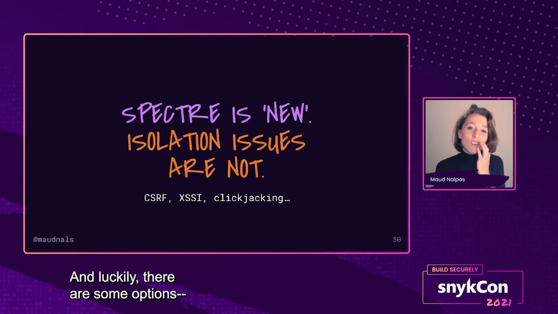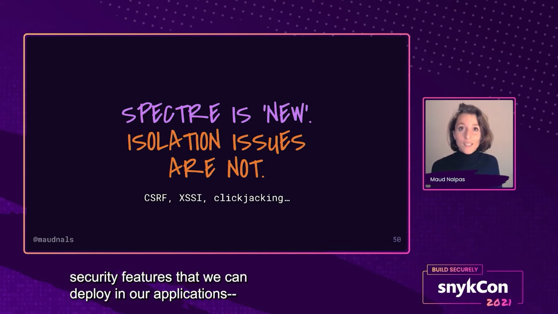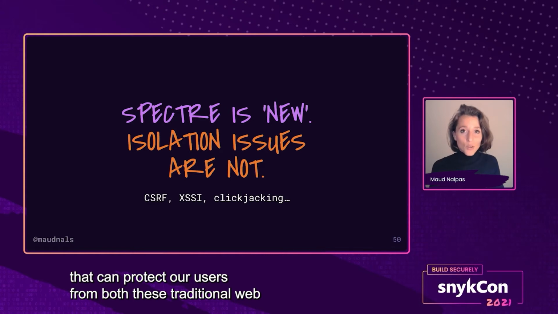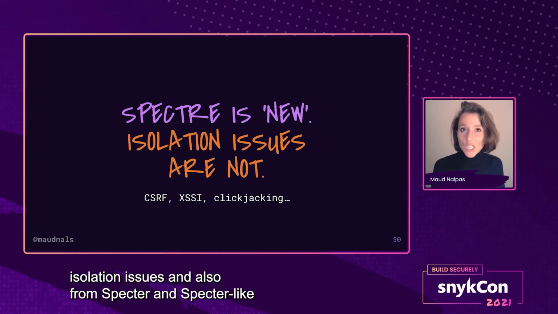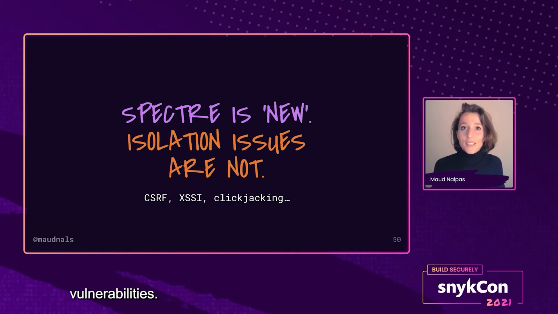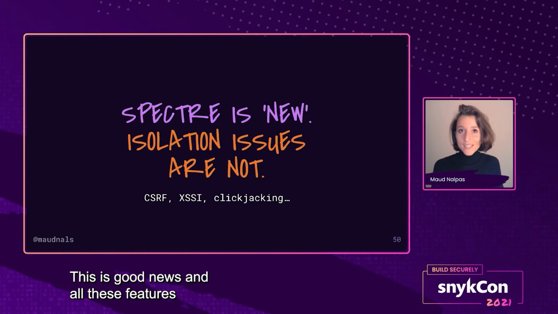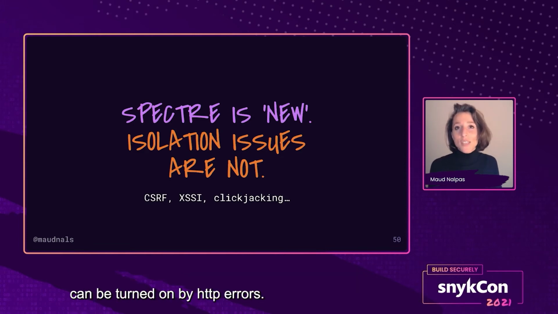And luckily, there are some opt-in security features that we can deploy in our web applications that can protect our users from both these traditional web isolation issues and also from Spectre and Spectre-like vulnerabilities. So this is good news, and all of these features can be turned on via HTTP headers.